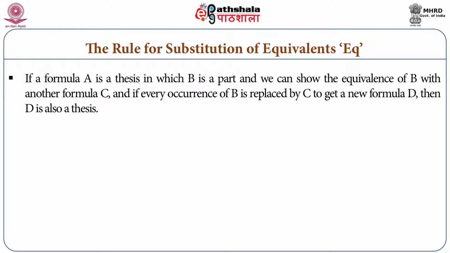That is generally put as follows: when we have a formula A with a subformula B, and if B is shown to be equivalent to another formula C, then in every occurrence of B we can put C and generate a new formula D. And if the complex formula A is a thesis, then the new formula D that we have generated is also a thesis.